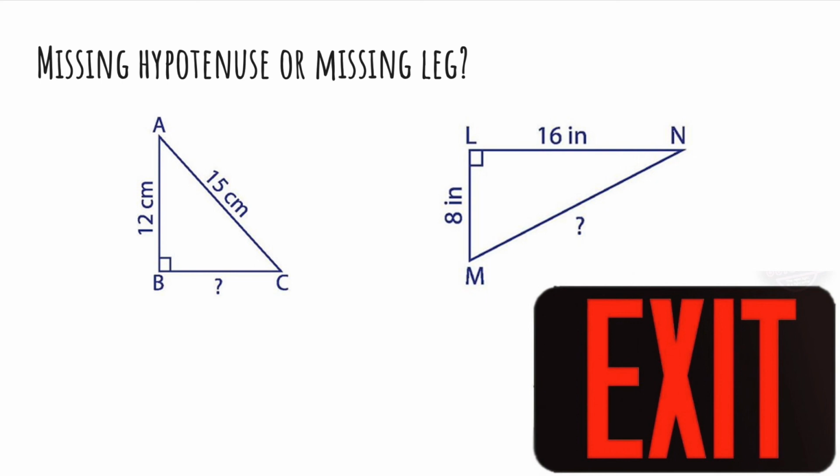So you'll note on this particular exit ticket, I'm not asking them to find the length of the missing side, but I simply want to know that they can identify, is it the hypotenuse that's missing or the leg that's missing, because that's critical in them then being able to find the missing side.